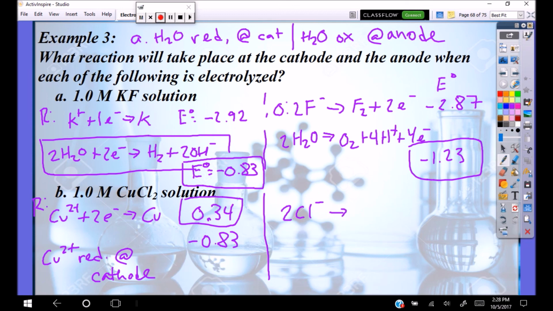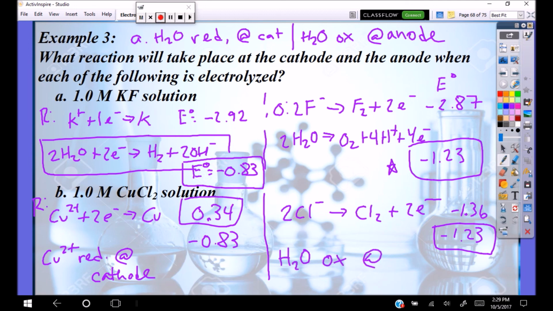If we reverse that, then we get Cl2 and 2 electrons. Remember, oxidation is loss, so we flip them. The sign originally was 1.36. If you look on your table, it becomes negative 1.36. And if we compare negative 1.36 to our oxidation of water, negative 1.23, water is more positive. So even though we can plate out some copper at our cathode, water will oxidize at the anode.